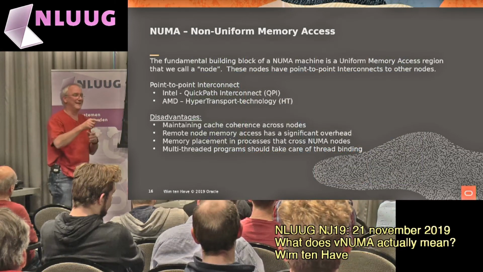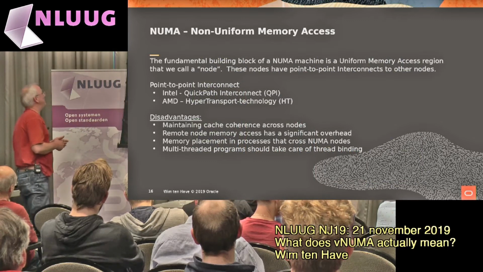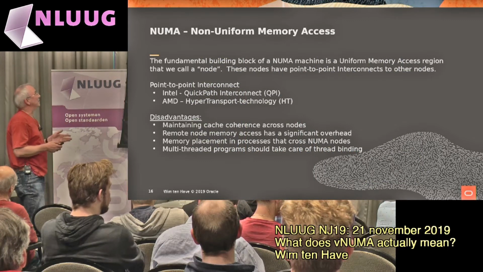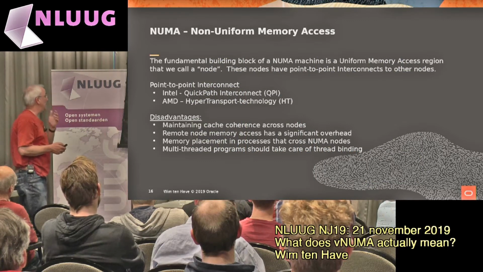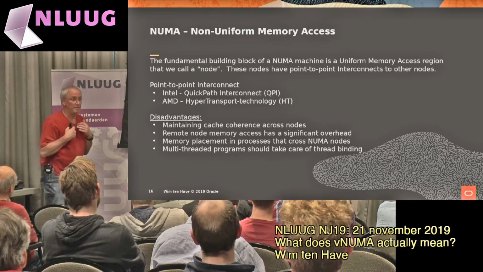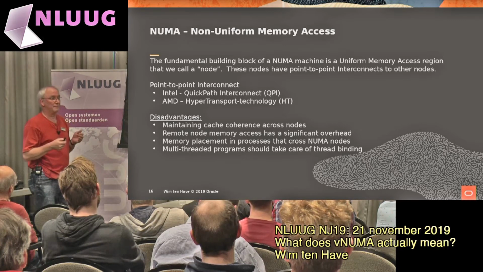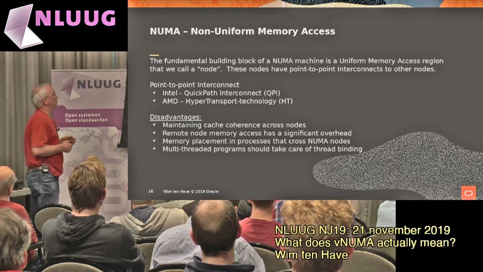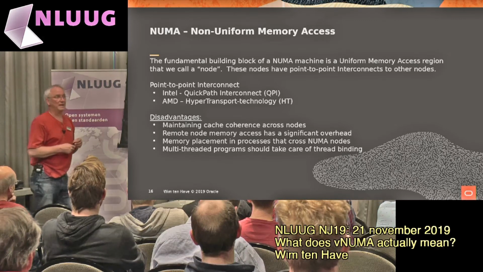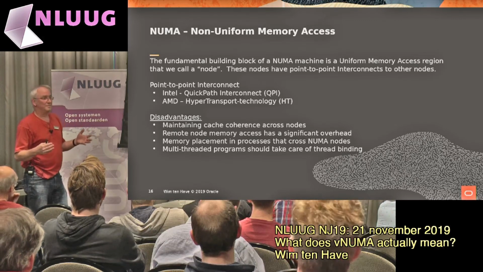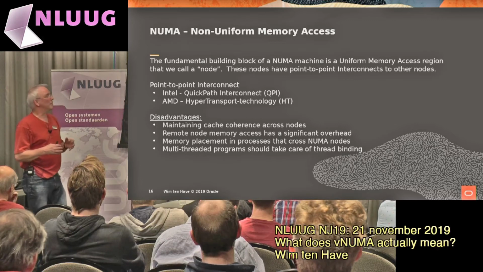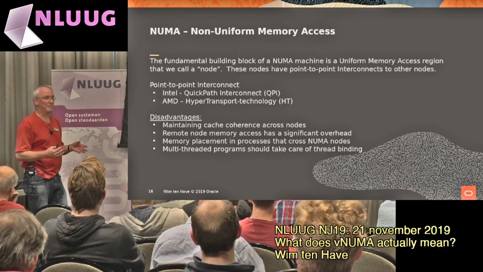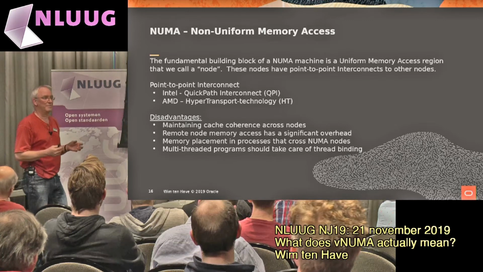But non-uniform memory access, are there advantages? In my vision, there are no advantages. There are only disadvantages. So maybe that answers your question. But the advantage is that you can expand your machine, and you can bring more software into the game for the big process you're running.